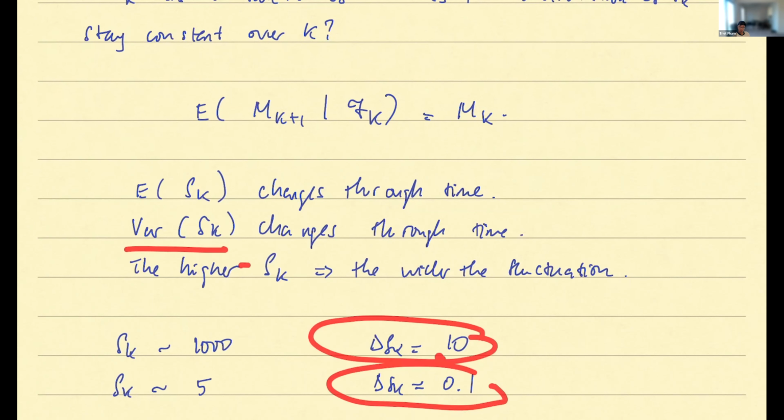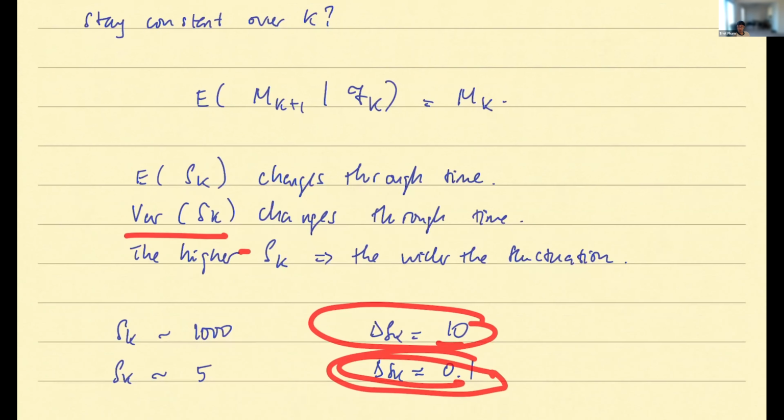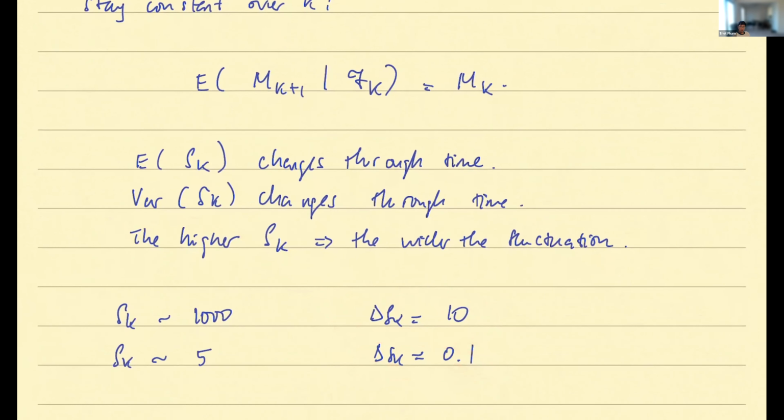Because the variance here is about 10 and the variance here is about 0.1. Agree? But when you say there's nothing out of the ordinary for this kind of price level, what are you looking at? You're looking at percentage change. So you're looking at 10 over 1,000 versus 0.1 over 5.